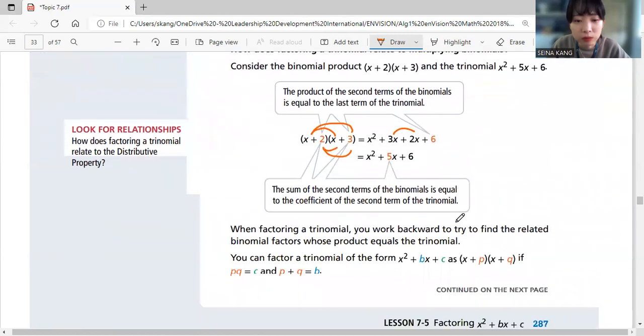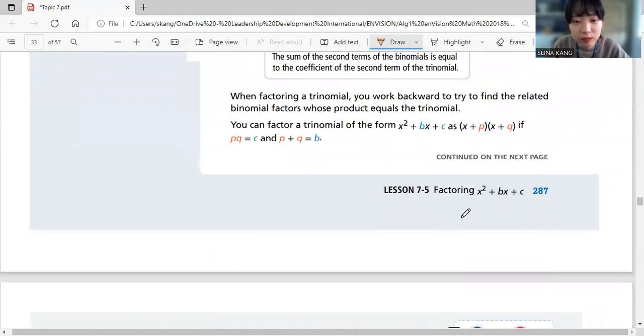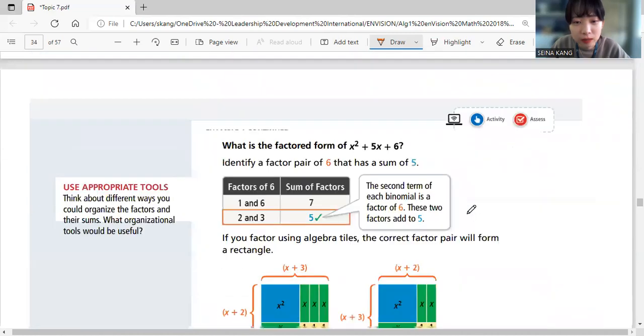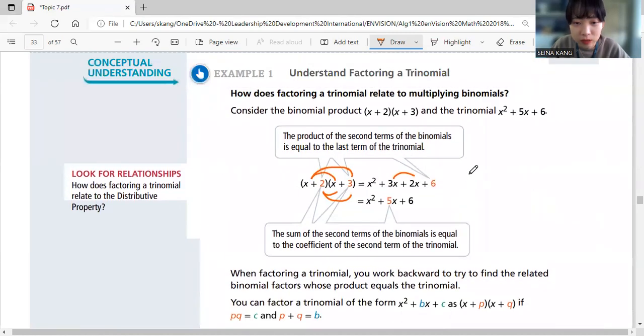So there is a rule, a pattern for the binomial products. You can test it out as well. So if you want to see another example, we can come up with another example. So try x plus 1 and x plus 4, okay? We can multiply that out.